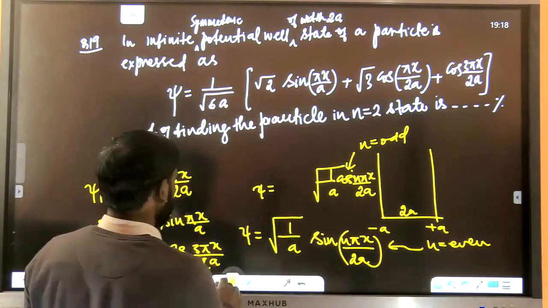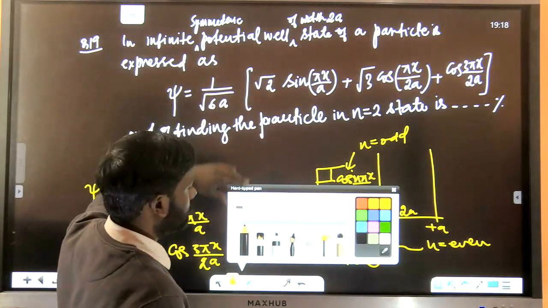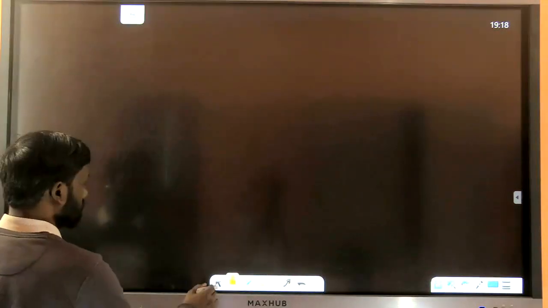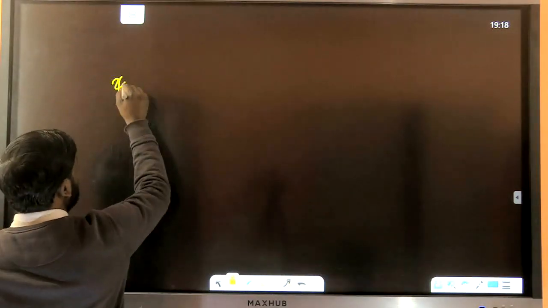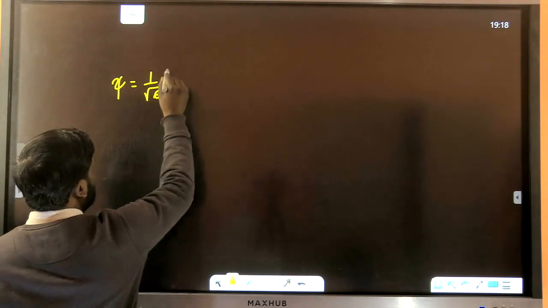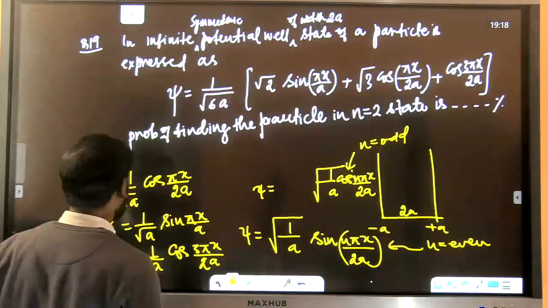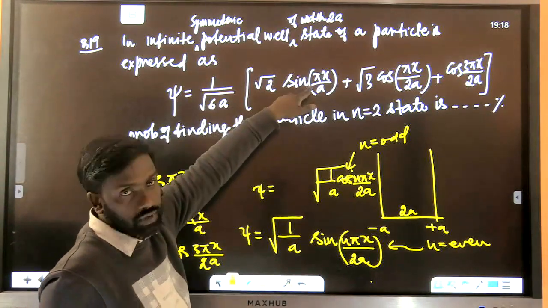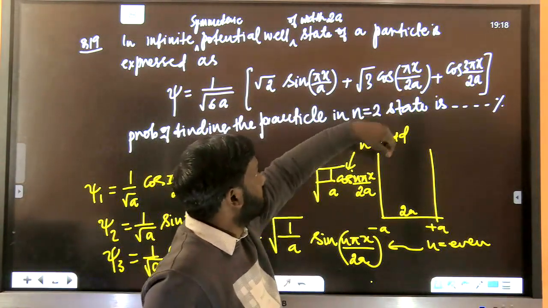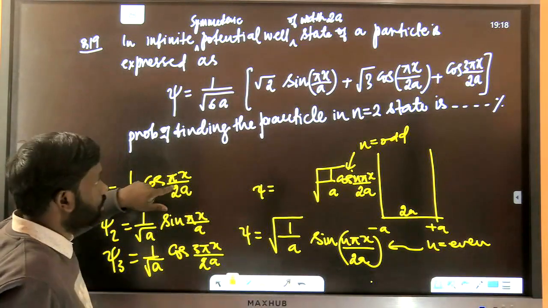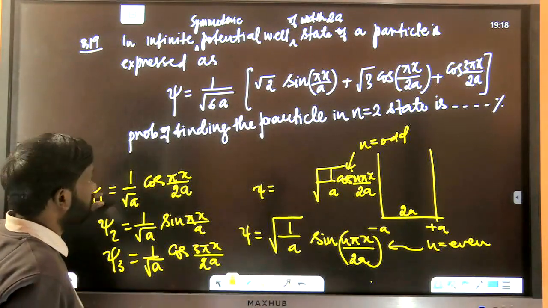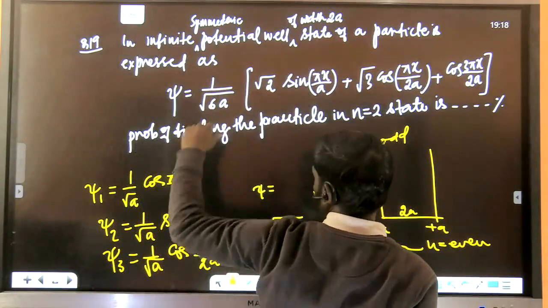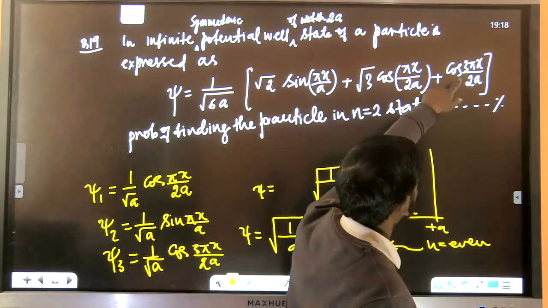Therefore, this whole wave function can be written as psi equal to 1 by root 6, and 1 by root a I'll multiply with each of these. So 1 by root a multiplied with cos pi x by 2a gives you psi 1, with this it gives you psi 2, and with this it gives you psi 3.